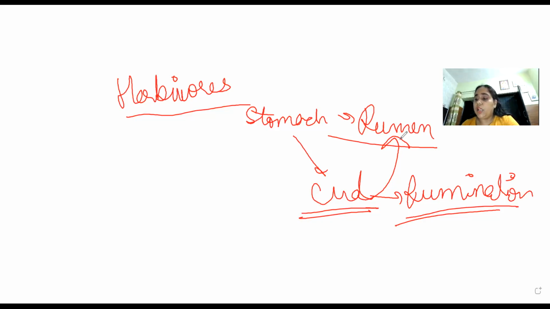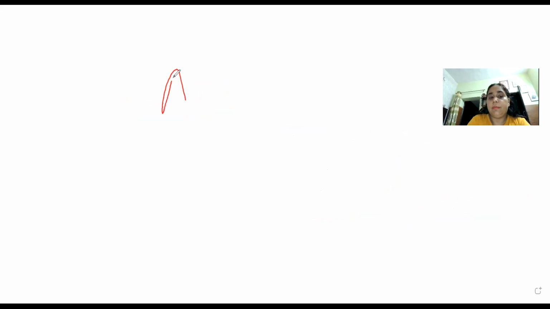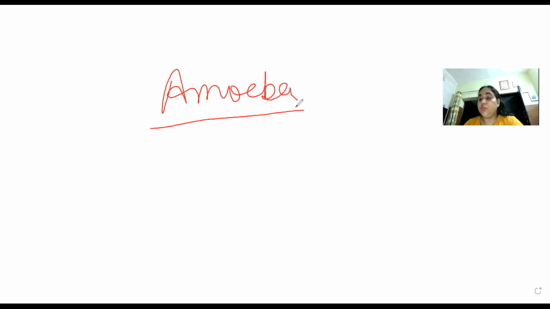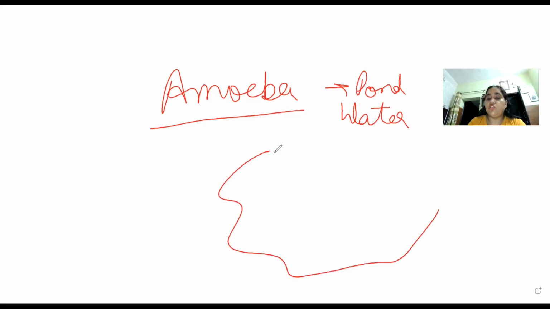So the last part of this chapter is digestion in the case of amoeba. Now we all know that amoeba is a unicellular microorganism, a microscopic single-celled organism which is found in pond water. Let us draw the structure of this.